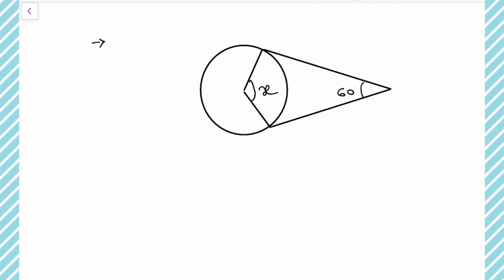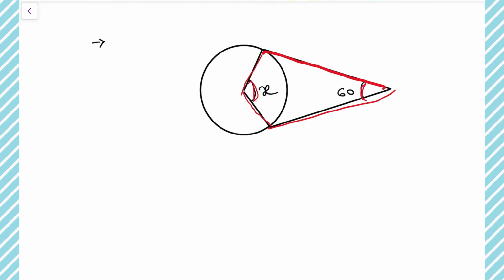Next, in a circle, this will become a tangent, this will become a radius, this is one more radius, and this is one more tangent. He gave this angle as 60 degrees and is asking us to find this x value.